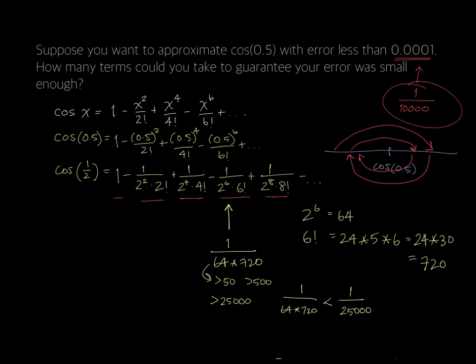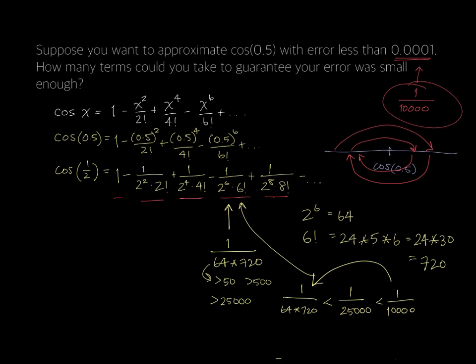And we also know that 1 over 25,000 is less than 1 over 10,000. That was our required bound, right? So we've shown that this term is less than 1 over 10,000. You absolutely could have just multiplied 64 by 720 and called it a day, and said, hey, that denominator is larger than 10,000, so 1 over 64 times 720 is less than 1 over 10,000.